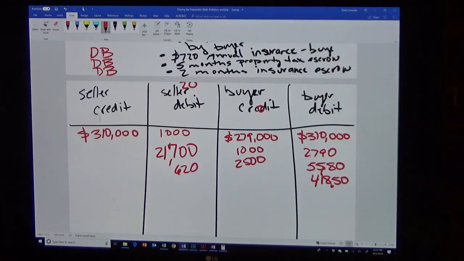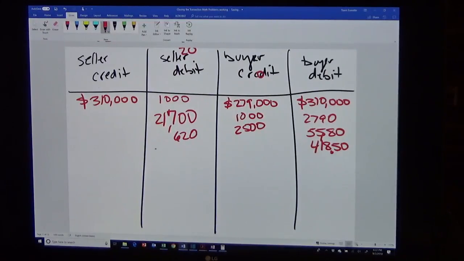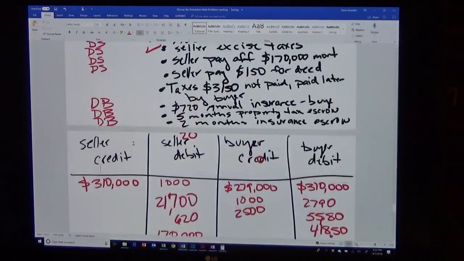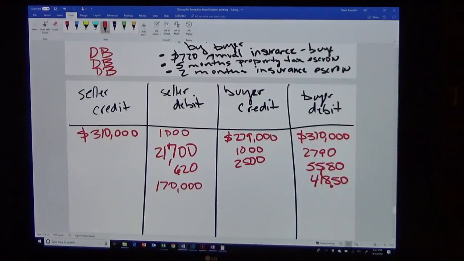So, $170,000 mortgage that the seller's going to pay off. And the seller was also going to pay a deed prep fee of $150, so we want to check off both of those. Okay. So I'm going to put the $150 in the seller debit column.